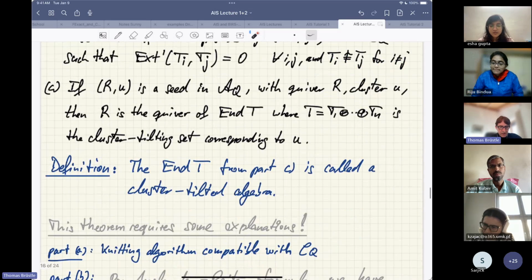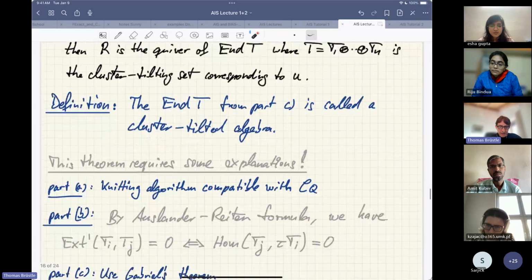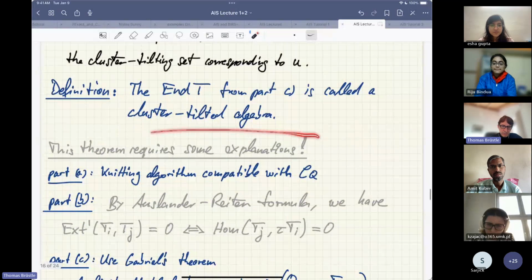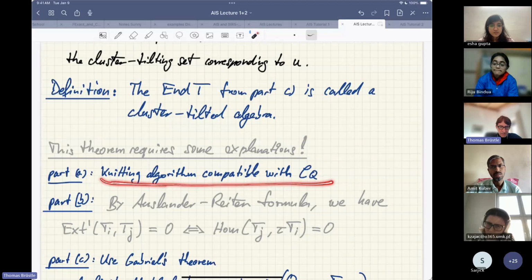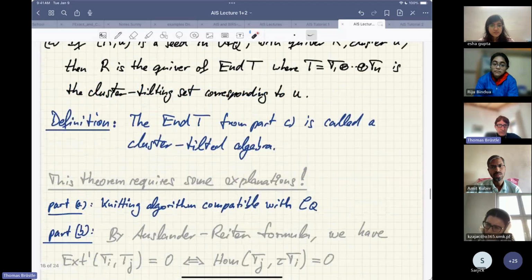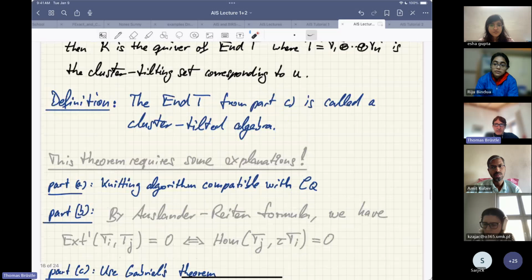Okay, so I feel we need some explanation on that theorem. First, we said that the knitting algorithm is compatible. The motivation to define the cluster category as we did comes from this knitting algorithm. And knitting representations goes in the same way.